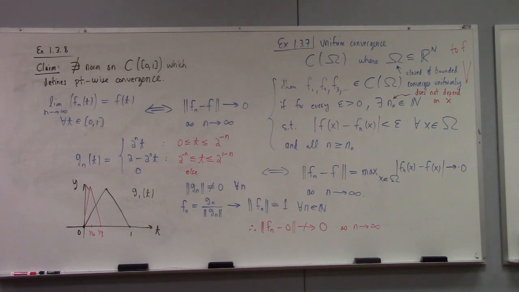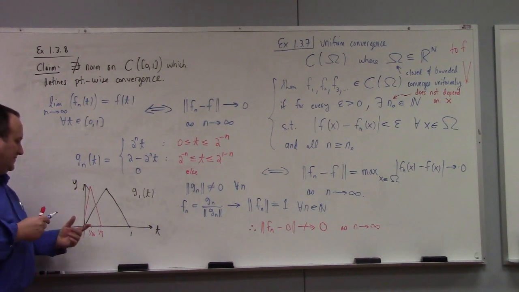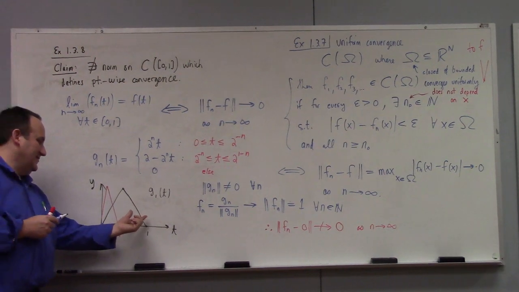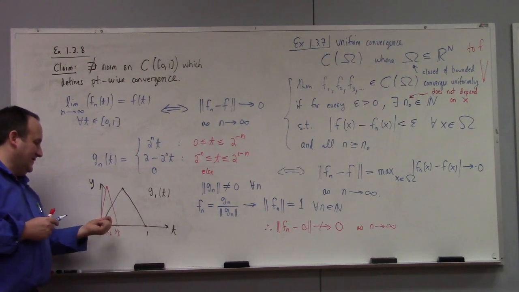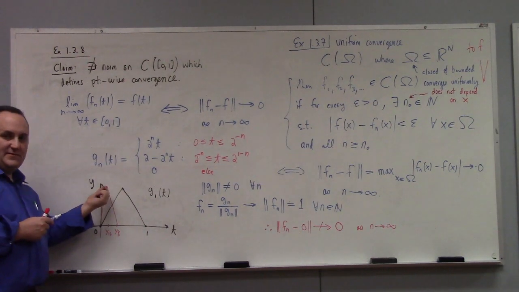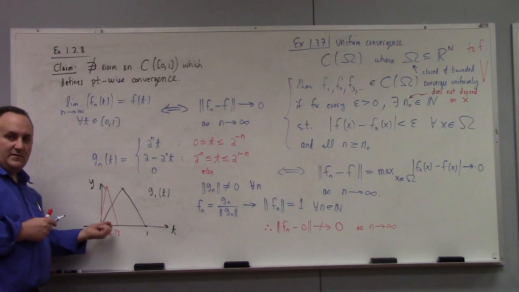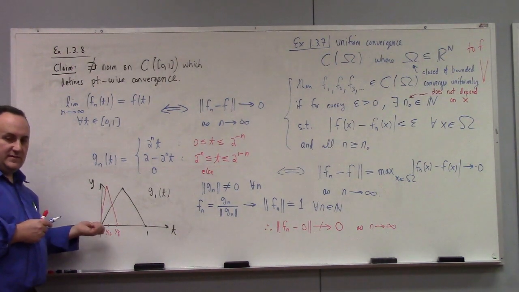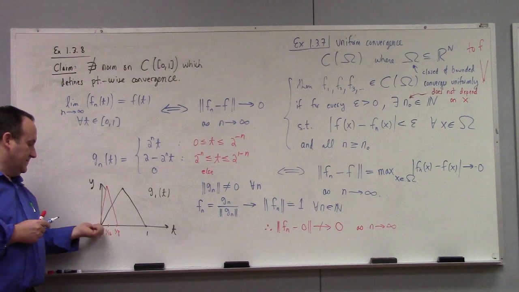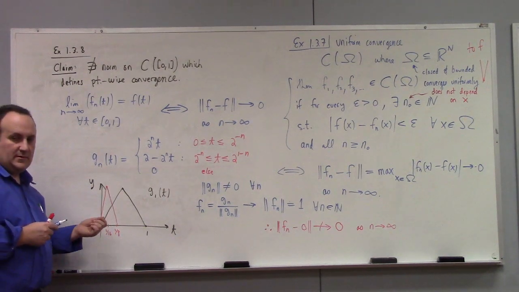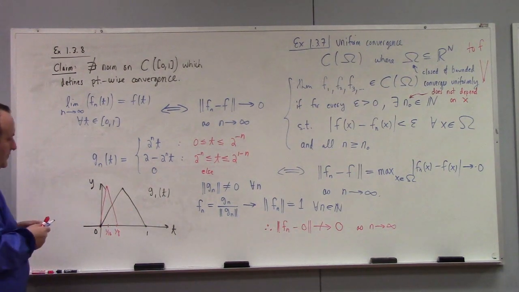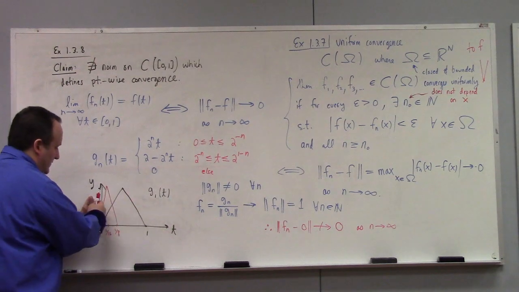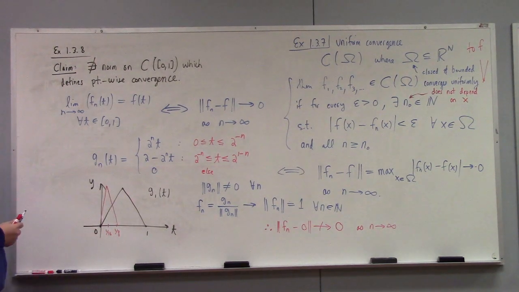Because it keeps shrinking down. In the limit, you can take n sufficiently large to make the values sufficiently close to 0 for arbitrary t in [0, 1]. Basically, this shrinks to a point.